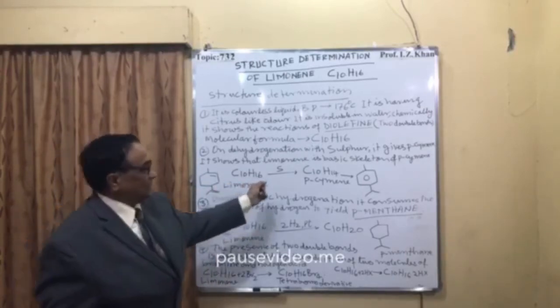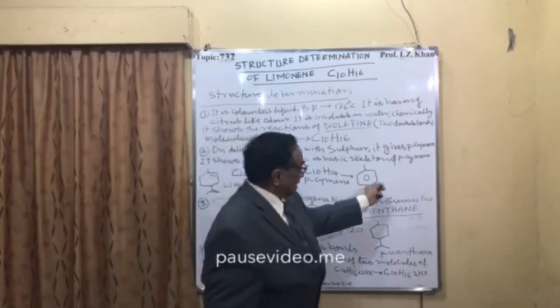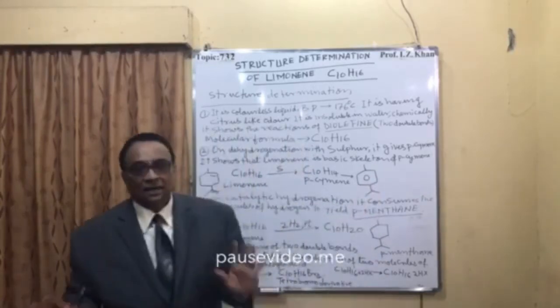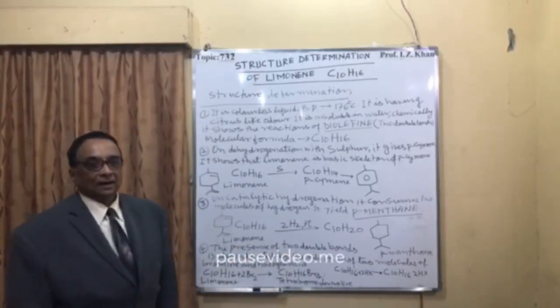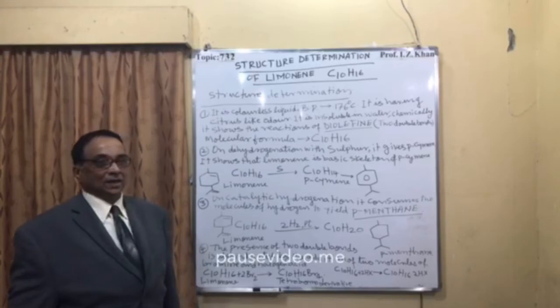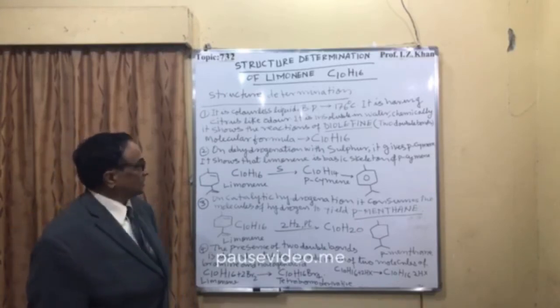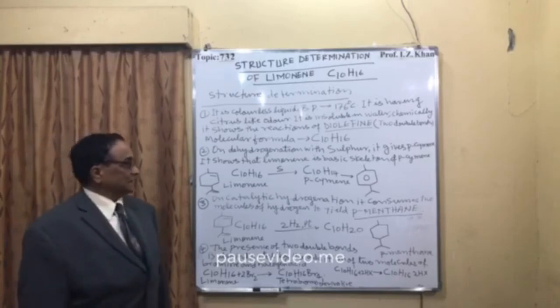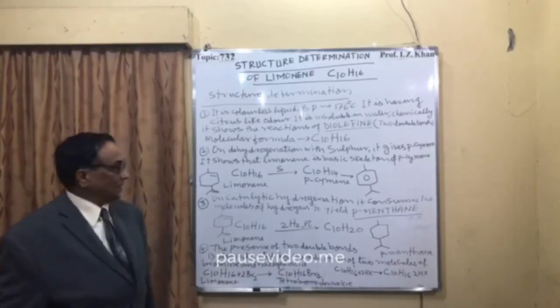When it is treated with sulfur, you will get the para-cymene skeleton, and this is the very clear carbon skeleton of limonene. In this way, on the basis of this dehydrogenation we get para-cymene, and it shows the para-cymene skeleton.